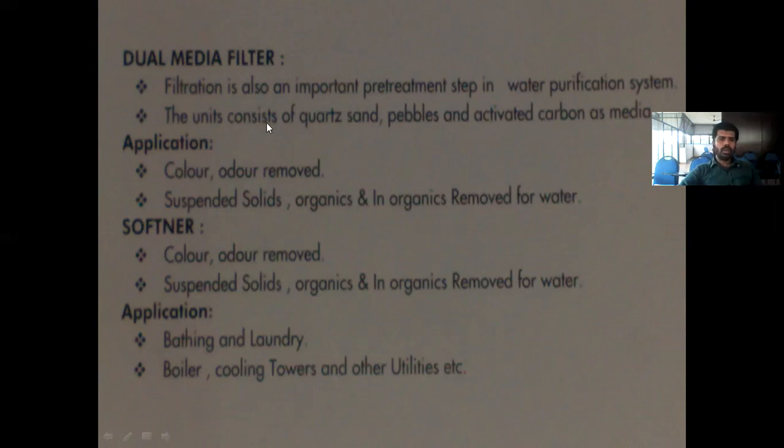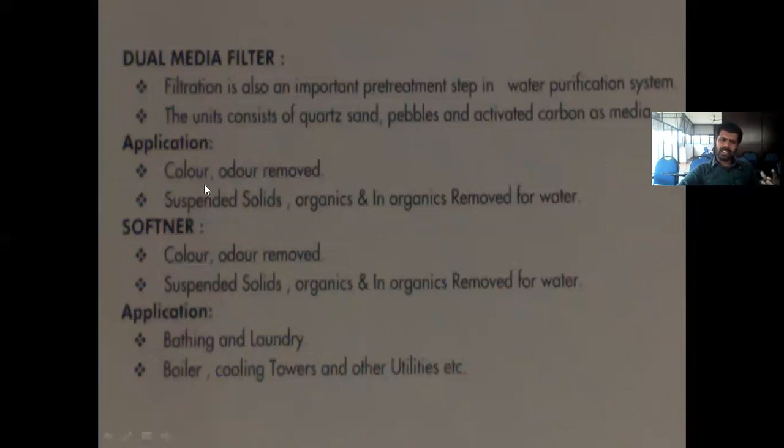Then where is the dual media filter used, or what is the application? The main thing is that color and odor, even the smell, can be removed using this dual media filter. The color can also be removed. Suspended solids, organics, as well as inorganics are removed from the water with the help of the dual media filter.